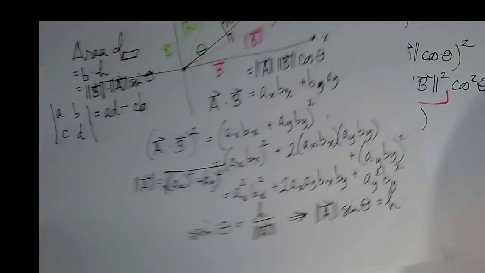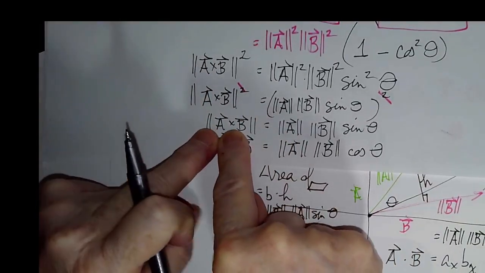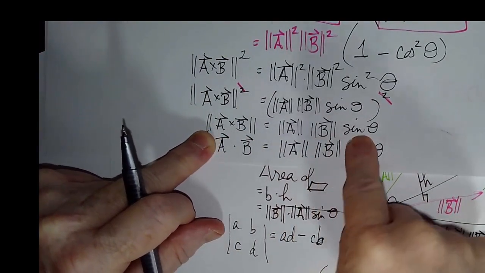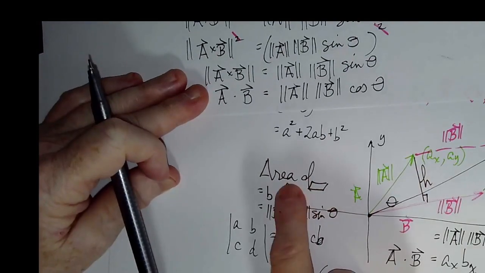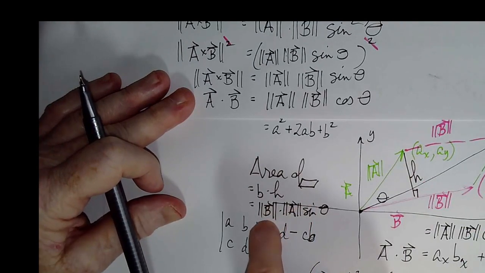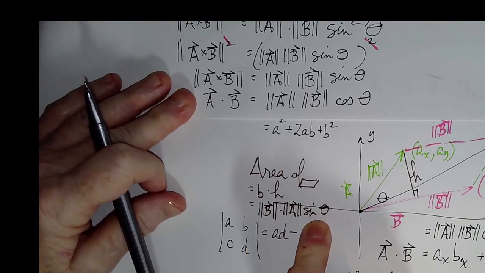And check it out. Here we go. We said that the magnitude of A cross B is the magnitude of A times the magnitude of B times the sine of the angle between them, and the area of that parallelogram is the magnitude of A times the magnitude of B times the sine of the angle between them.